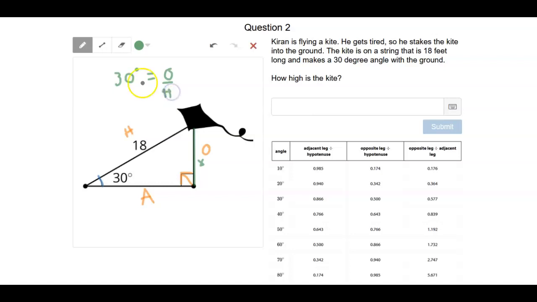And I know that the ratio for a 30-degree angle with the opposite over the hypotenuse is 0.5. So I'm going to replace this with 0.5. The opposite is what I'm looking for, so I'm going to replace that with an x. And the hypotenuse is 18.